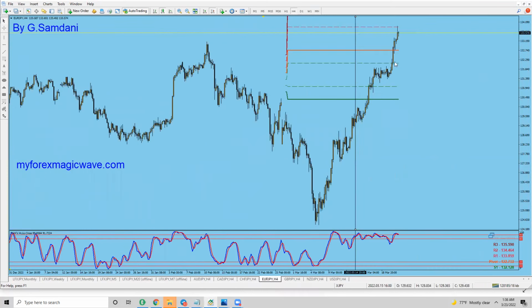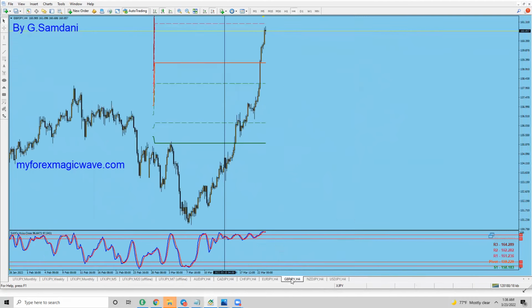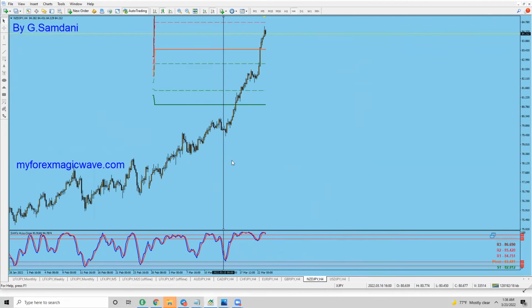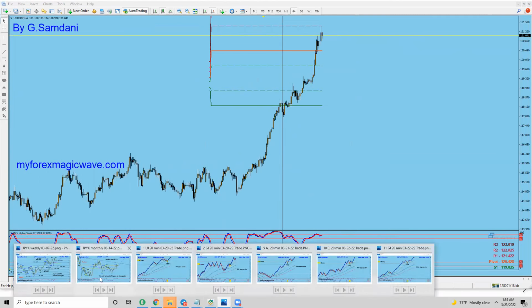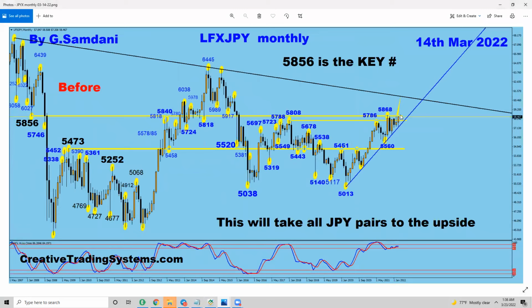Euro yen, 15 March, up. And this is pound yen, boom. So much to the upside. New Zealand, 15 March, it went up. And USD yen, all yen pairs, they went up, as I said on this chart already, that if it's going to go up there, this will take all yen pairs to the upside.